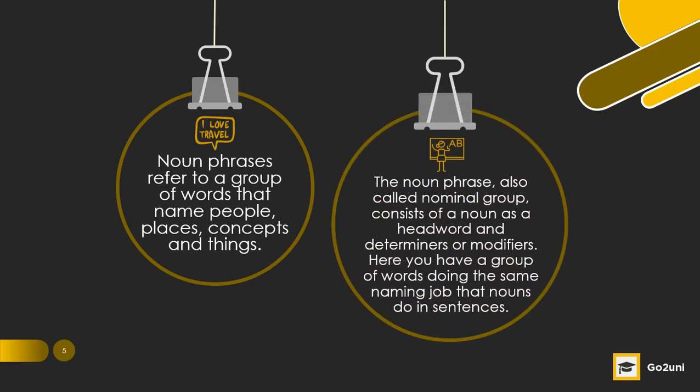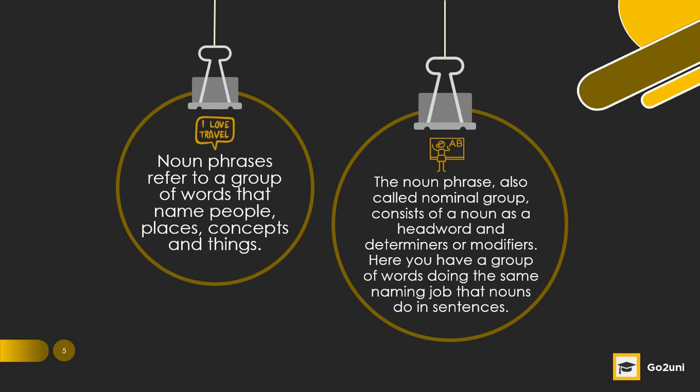The noun phrase, also called nominal group, consists of a noun as head word and determiners or modifiers. Of course, modifiers are involved when you are talking about noun phrases. They are used with the noun head, or the head word, to form the noun phrases we are talking about.